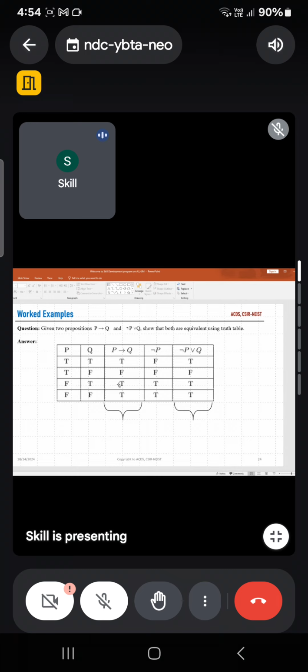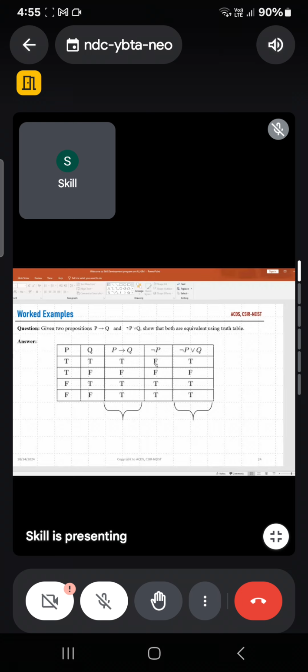So we are reversing it for the negation of P. Then for negation P or Q, as you know, for OR at least one of them has to be true, so that we can write true, otherwise it's false.